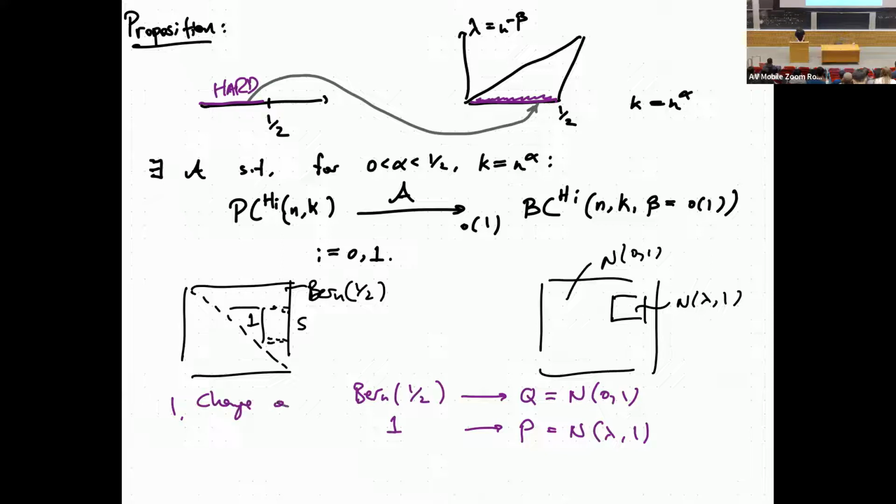I'm going to just call this change of distribution. Okay, now the second problem is that the diagonal of the adjacency matrix is missing, because those would correspond to self-loop edges. Those are missing. And so we need to add in the diagonal somehow.